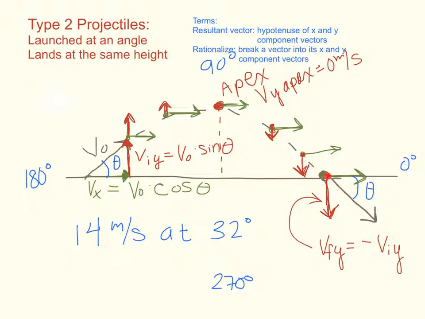So it's got a positive x but a negative y. Here, positive x and positive y. Positive x, negative y.